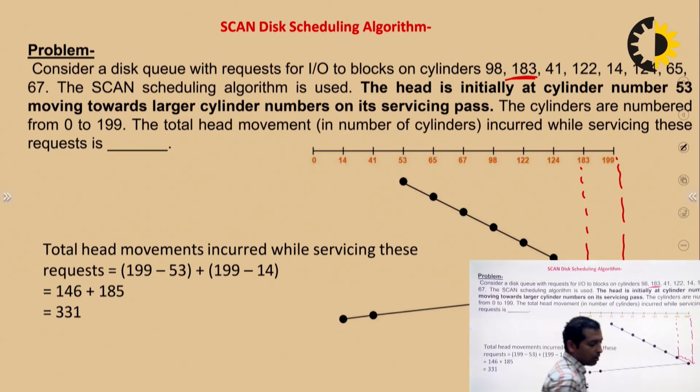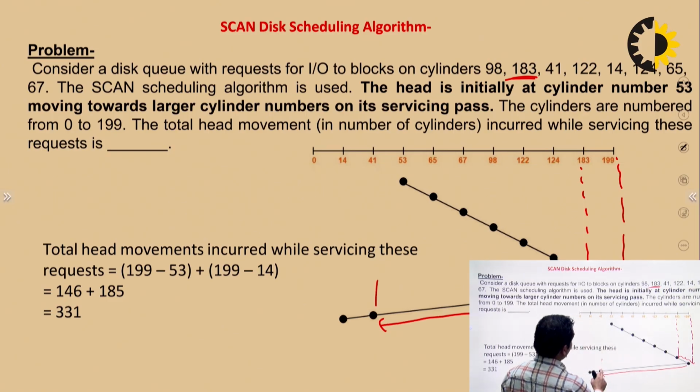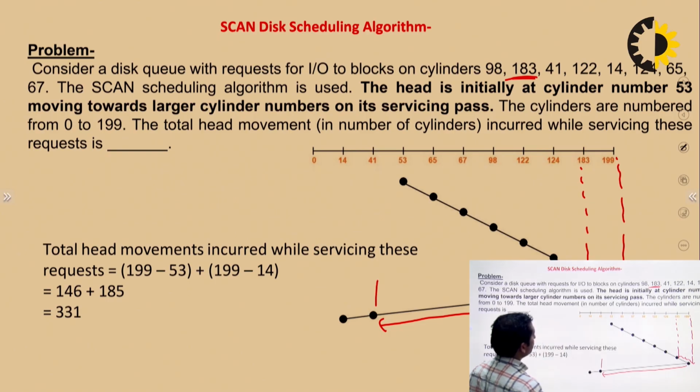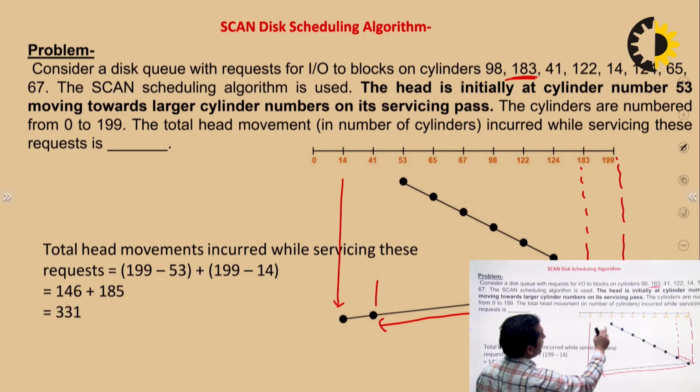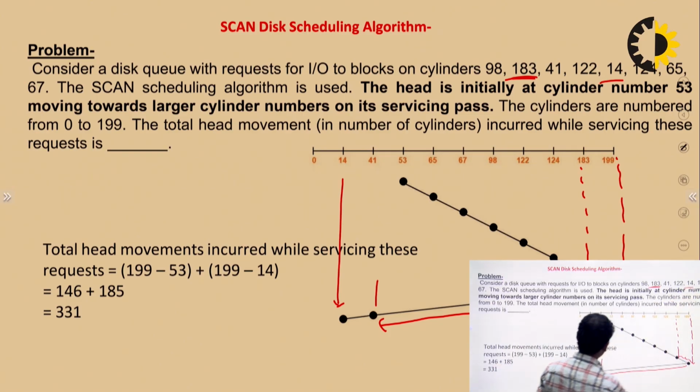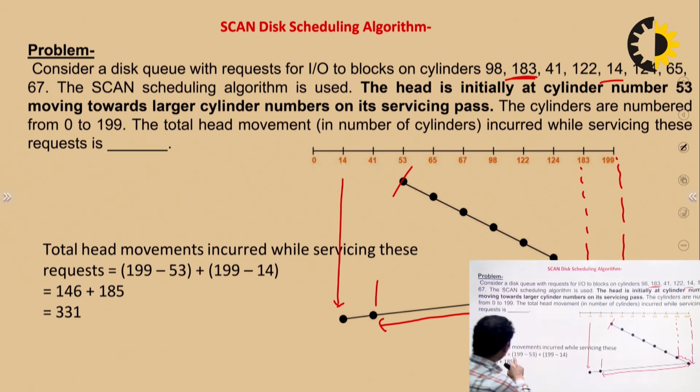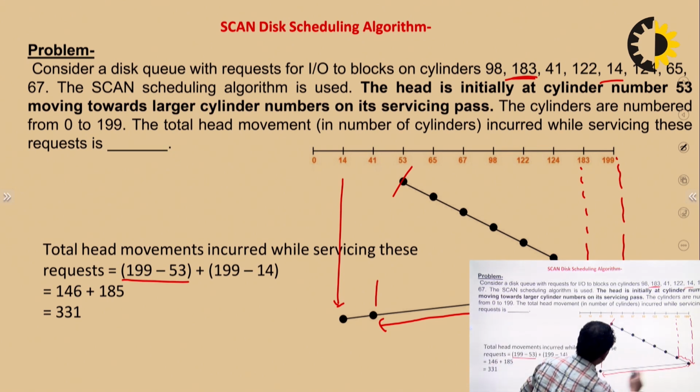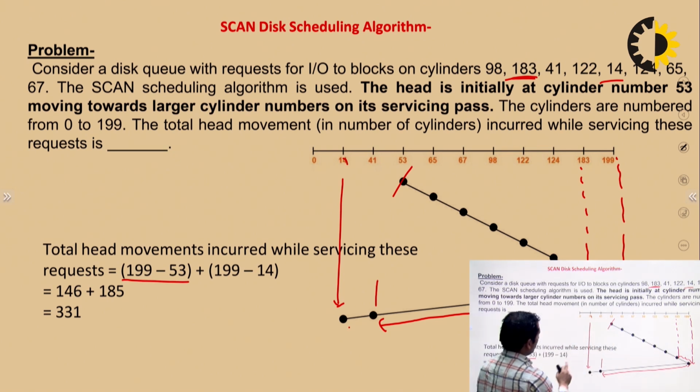This is extra movement, or we can say overhead movement. Then the head changes its direction and serves request 41, and then 14, which is the last request in that direction, and stops. The total movement we can calculate: 199 minus 53, plus 199 minus 14.